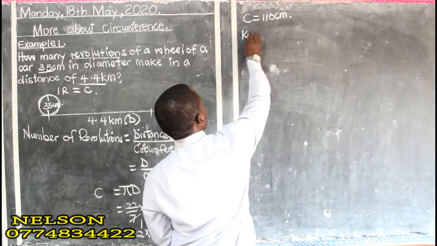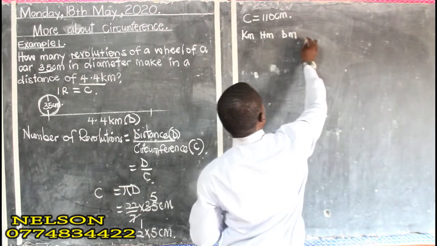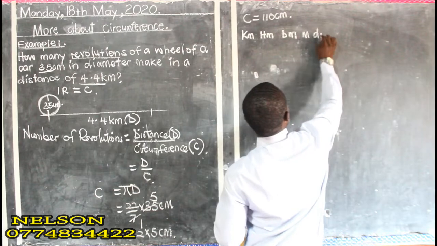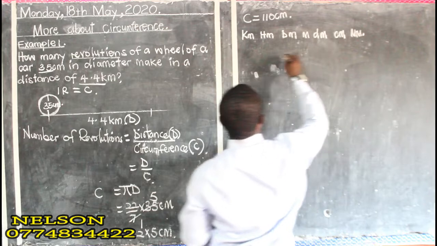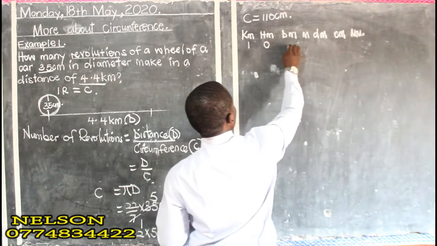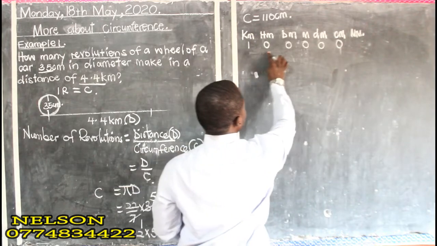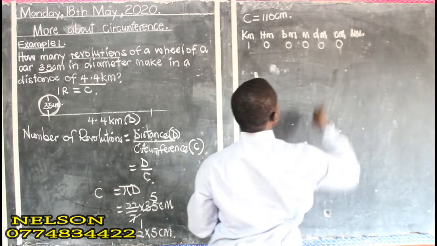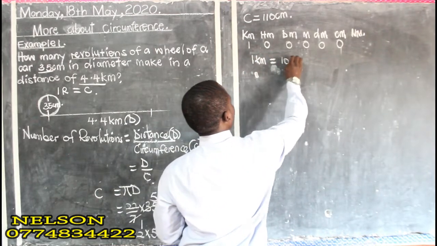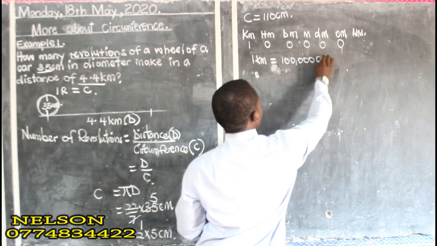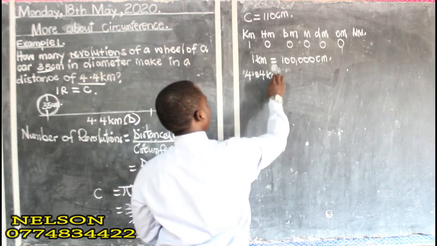We have kilometers, hectometers, decameters, meters, decimeters, centimeters, millimeters. And we say 1 kilometer is equal to how many centimeters? 1 kilometer equals 100,000 centimeters. What about 4.4 kilometers?